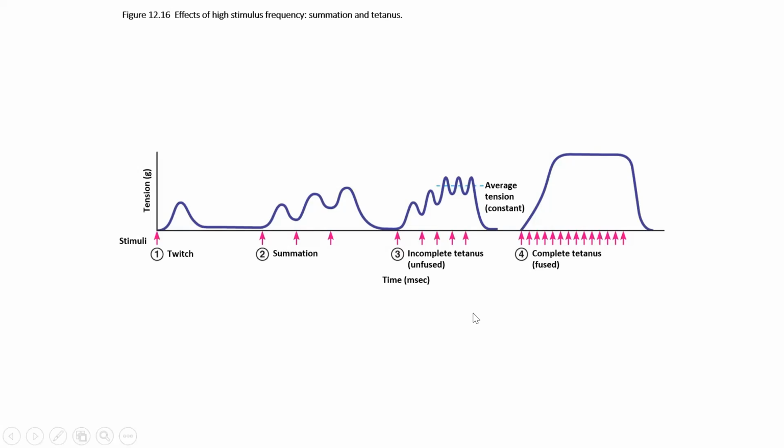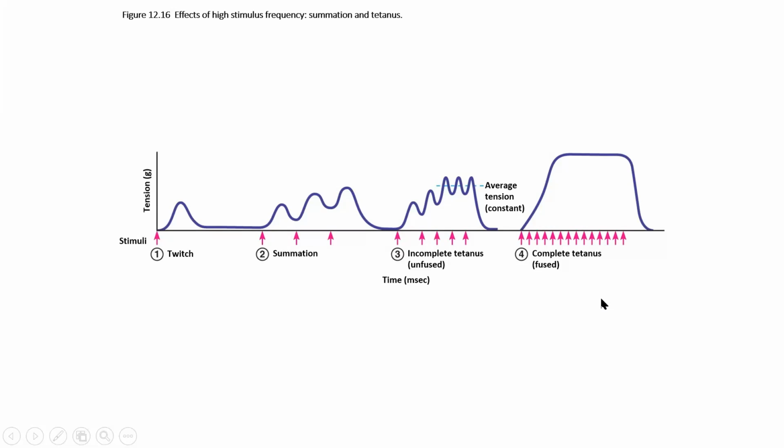But essentially, if we continue to increase how fast those action potentials are being fired, then the contractions will start to just kind of overlap and jump on each other and sum together into one large contraction. So we will start out with incomplete tetanus, which is unfused. And so there's a slight bit of relaxation happening in between, but the amount of force is at its maximum. So the force generation will not go any higher here, but it's going to stay constant.